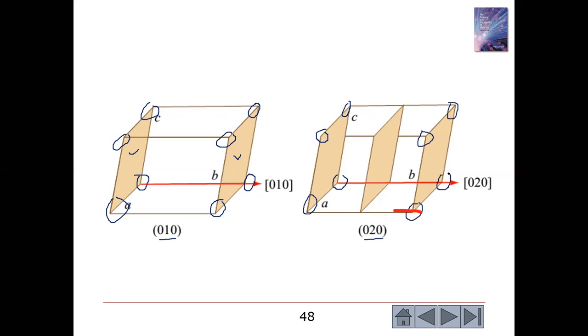So now if you take this plane and this plane, you're looking at atoms on this plane, but there are no atoms on this plane. So they are different now. Clear? So a plane and its multiple are not equivalent. Why? Because the arrangement and population of atoms on those planes might be different. So they are not equivalent.